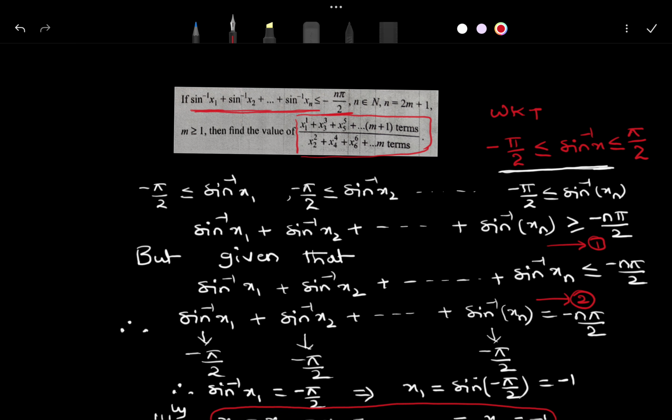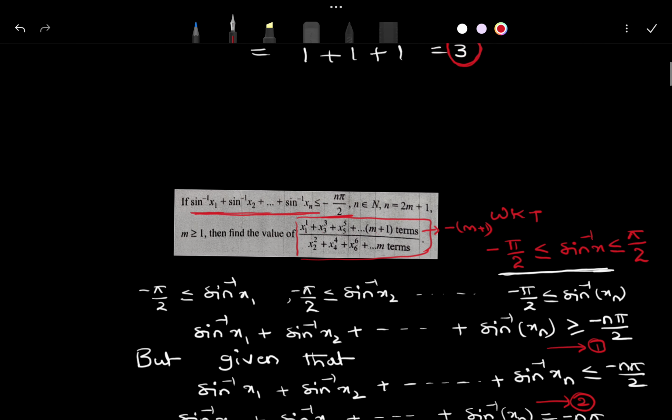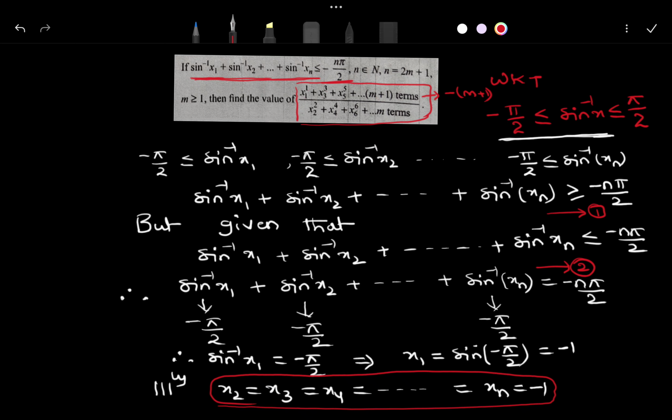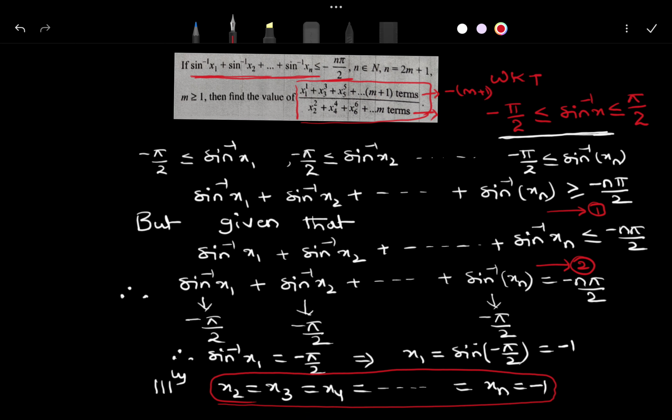How many times are there? m plus 1 times, m plus 1 terms are there. So if you substitute all these values, this result will be equal to minus of m plus 1. And in the denominator, x2, x4, x6 powers will be even powers.